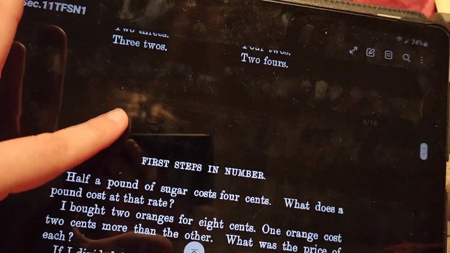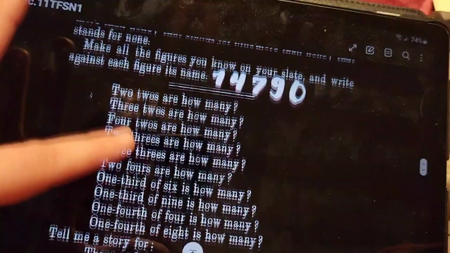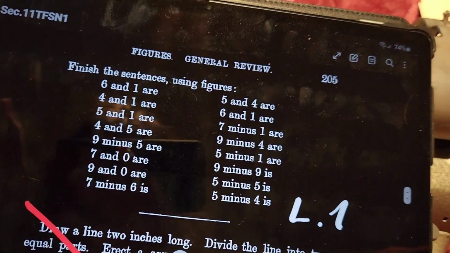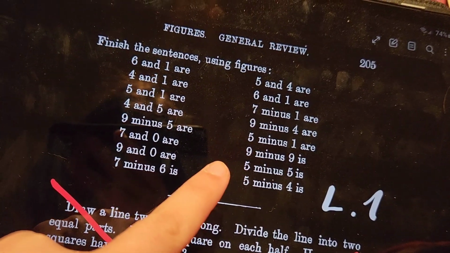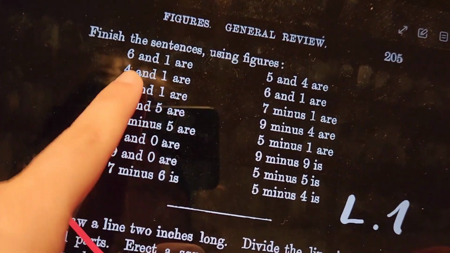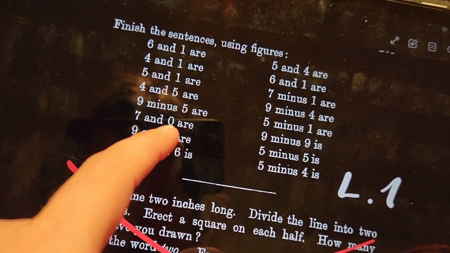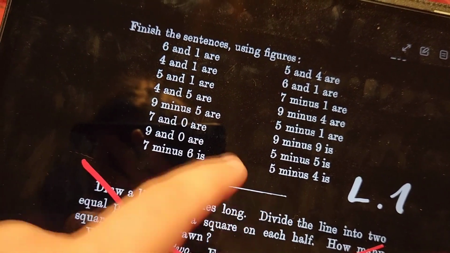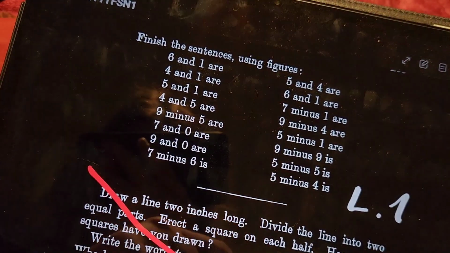So the thing that I will have to do for the time being after we get through all the figures here is there starts to be sections in the book where essentially the teacher would write these problems on the chalkboard, and the student would have to write their answers on their slates at the desk, or else they would copy the whole sentence and then write out the answer.